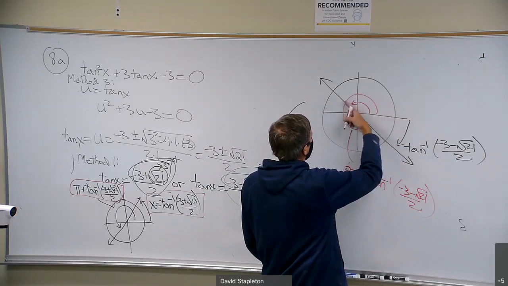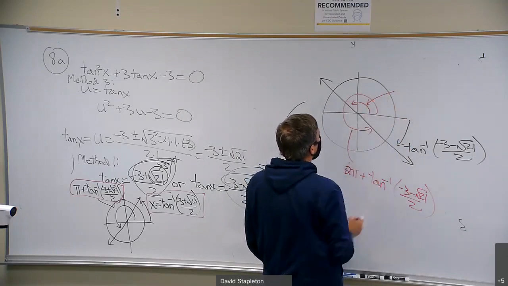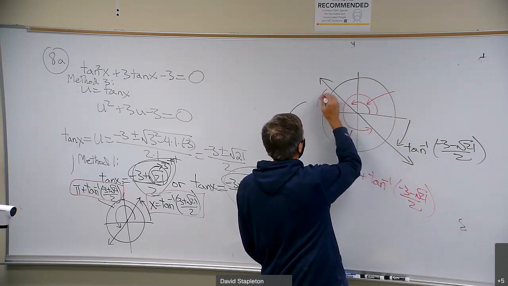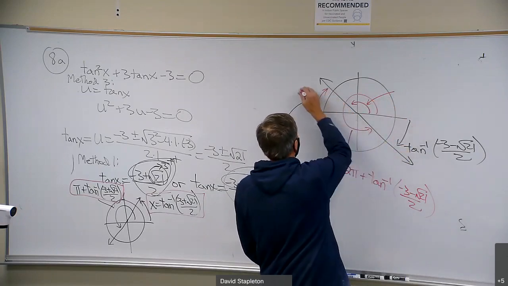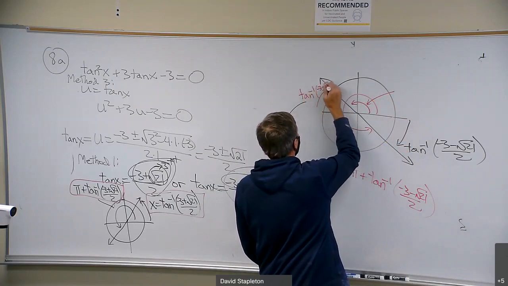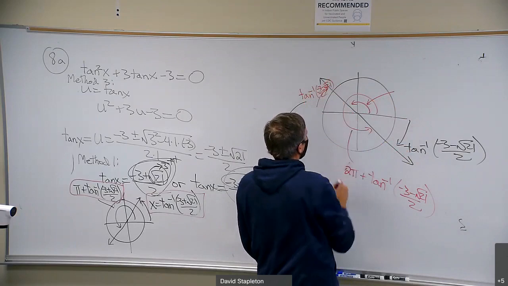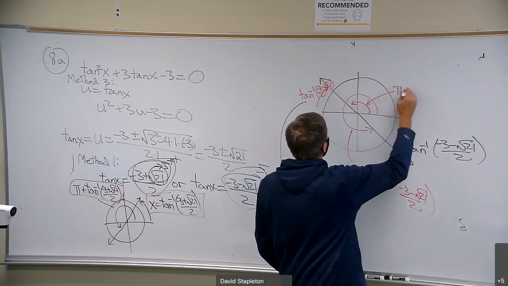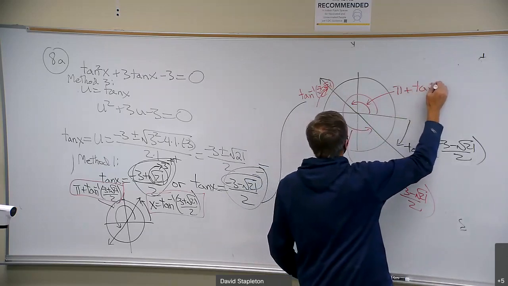And then this one here, what's this one? Well, by symmetry, this is the same angle, right? If this is arctangent, this is also arctangent. And I can take pi plus this negative angle. There it is.